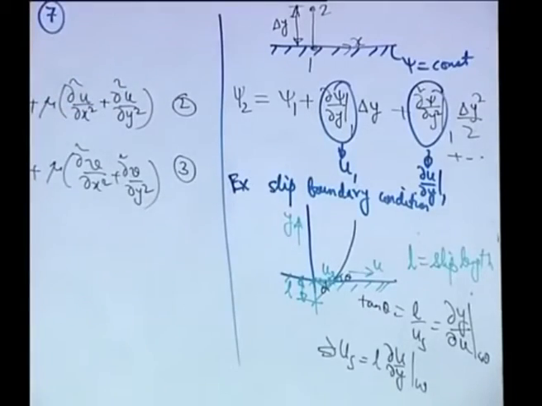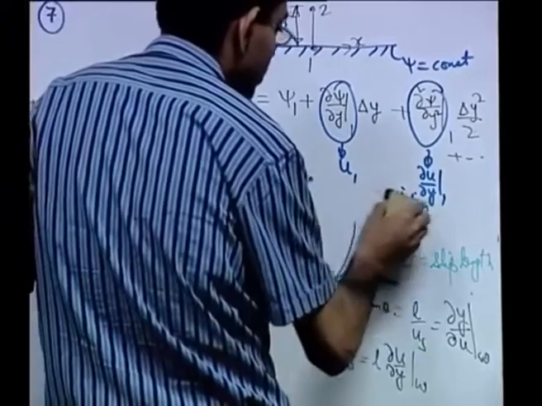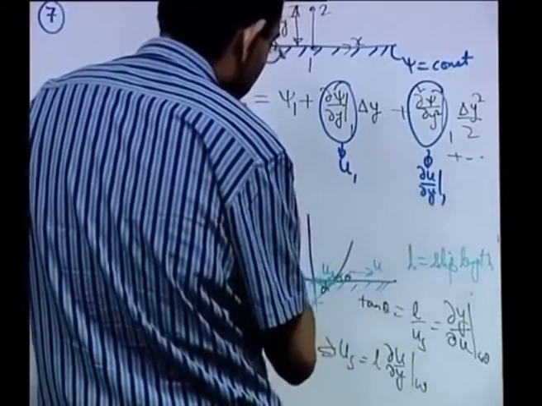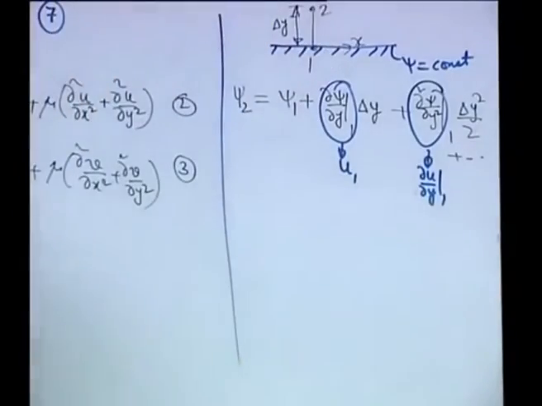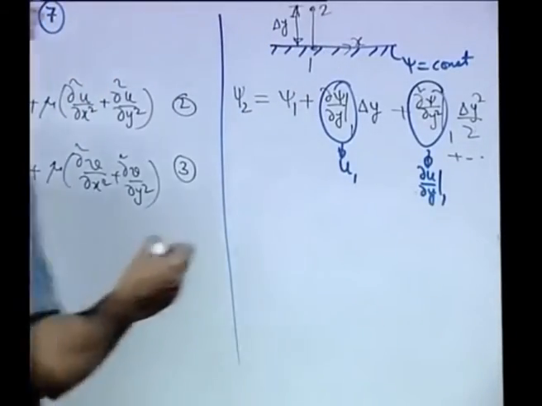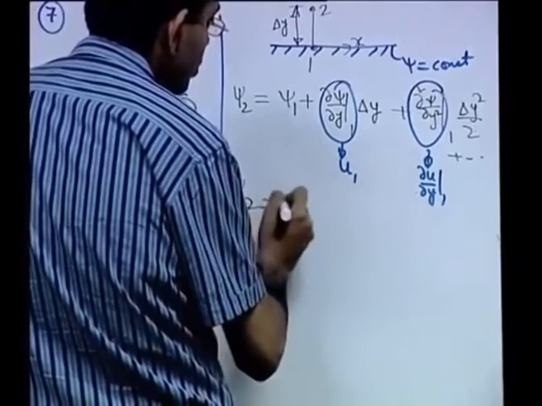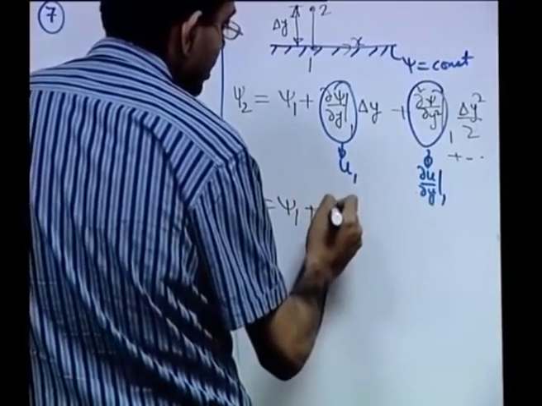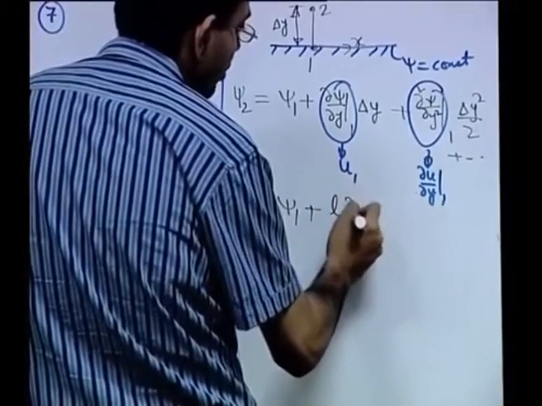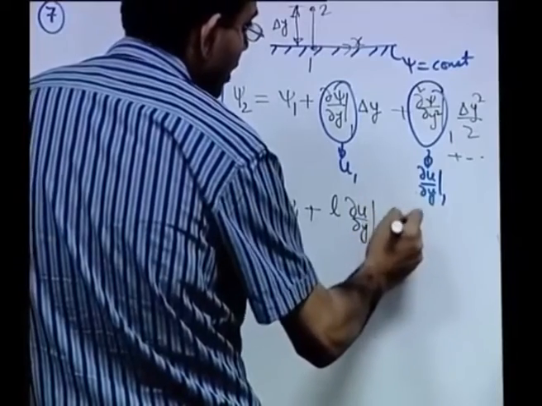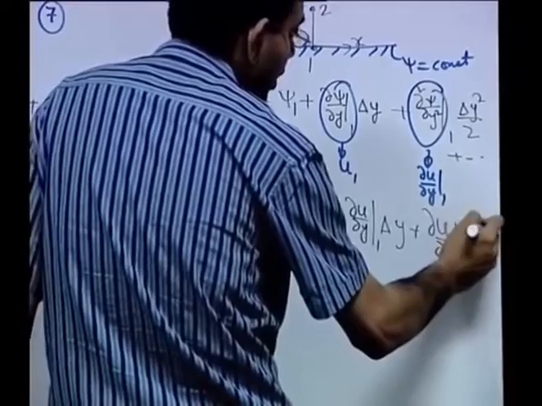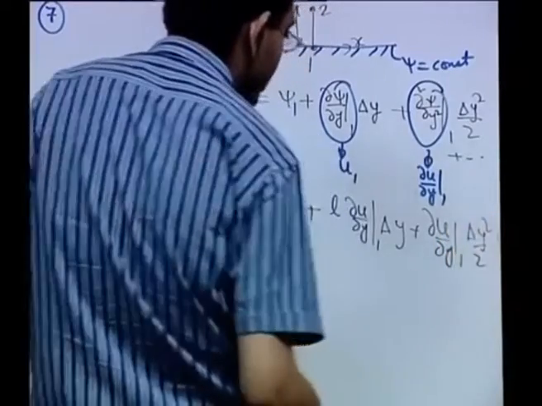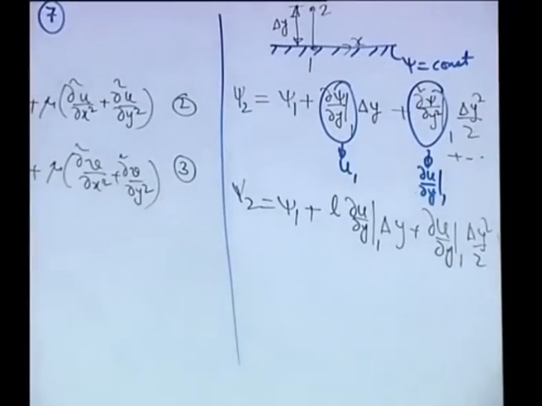So, psi 2 will be equal to psi 1 plus L du dy at 1 into delta y plus du dy at 1 into delta y square by 2 and the error terms.